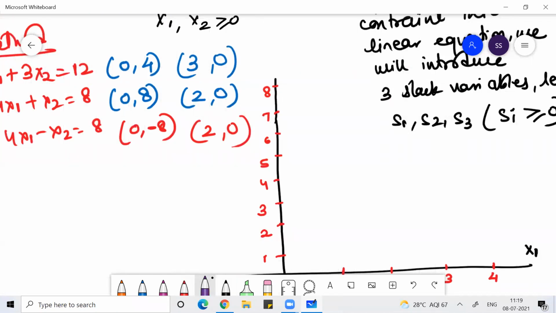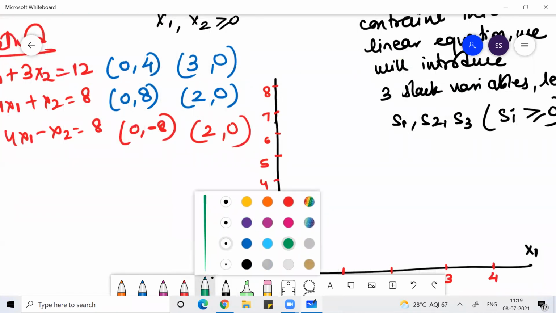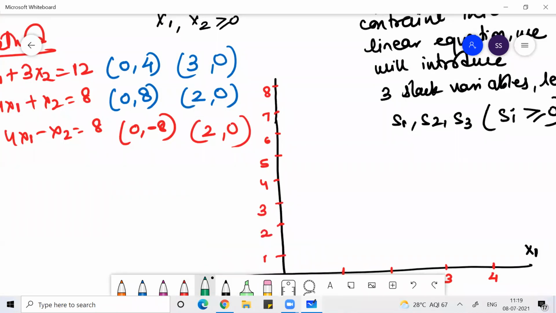The first line is 0, comma 4, which means x1 is 0 and x2 is 4, and 3, comma 0, which means x1 is 3 and x2 is 0. You understood, right?